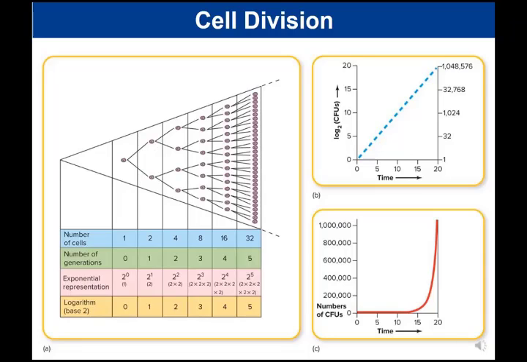Now, if that's plotted on an arithmetic scale, meaning that the units are going to be even, you get this interesting growth curve, meaning it looks like initially there's no growth, and then all of a sudden the population just takes off.